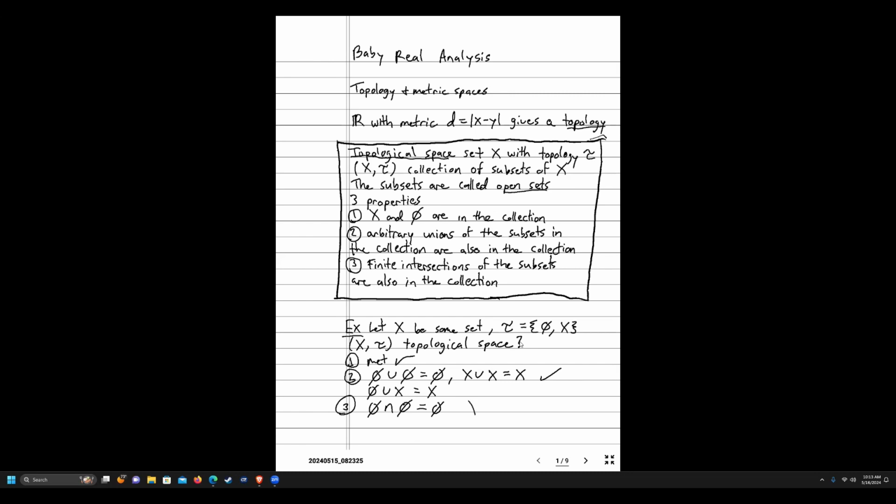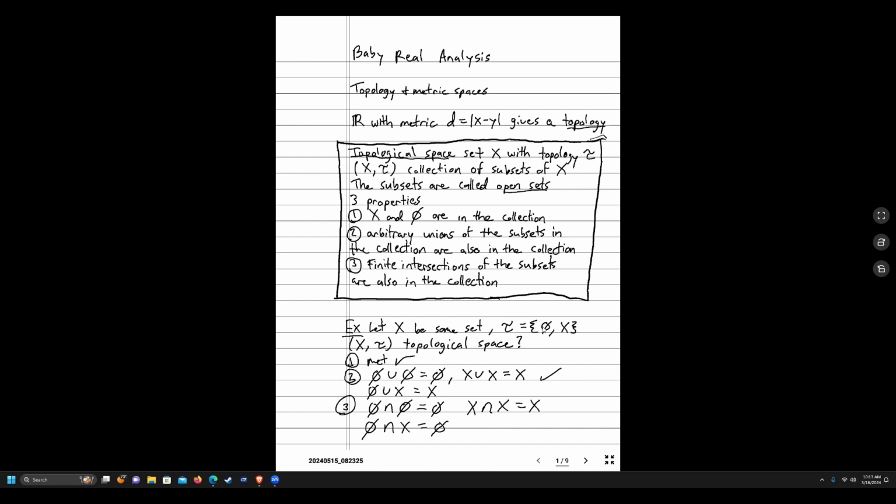If I do X intersected with itself, that's just X. And again, these are in tau. And then if I do the empty set intersected with X, that's going to be the empty set, which is in our collection. And those are the finite intersections you can do.